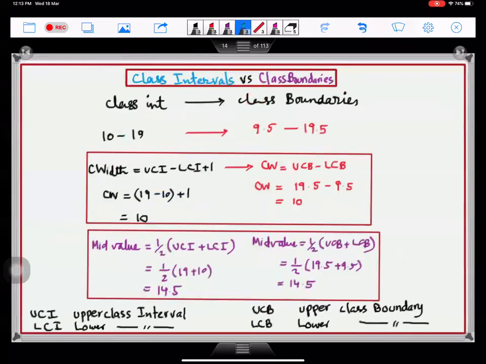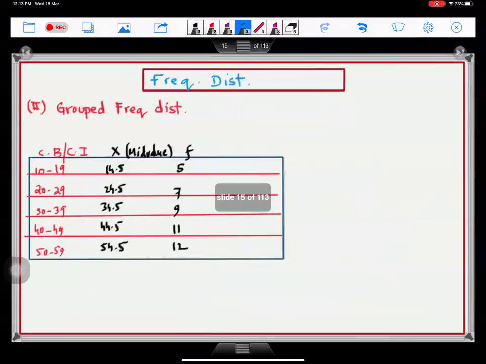What about class interval and class boundary? Just focus on the mid value. Mid value can be obtained from the average of upper class interval and lower class interval. Mid value can also be obtained from the average of upper class boundary and lower class boundary. In this particular question, 10 to 19, 20 to 29, 30 to 39, 40 to 49, 50 to 59, we obtain the mid value by taking the average of the two limits.